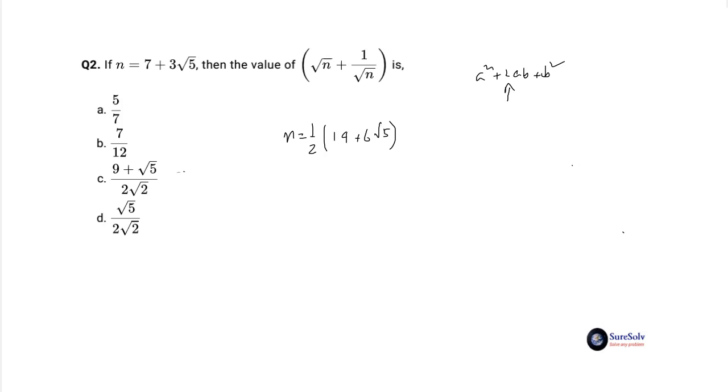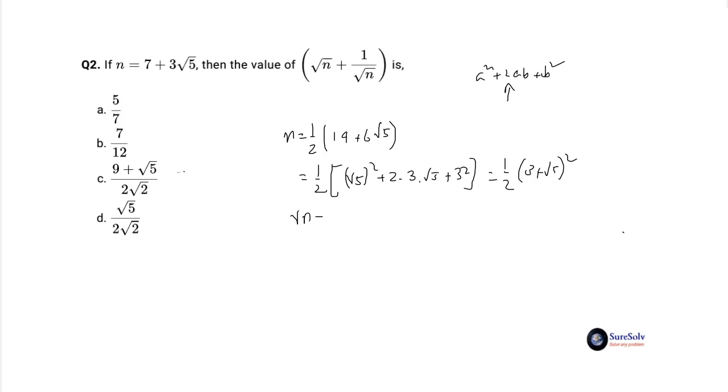You can now expand this surd expression to a three-term sum of square form. n equal to 1 by 2 multiplied by ((root 5) whole square plus 2 into 3 into square root 5 plus 3 square) equal to 1 by 2 multiplied by (3 plus root 5) whole square.